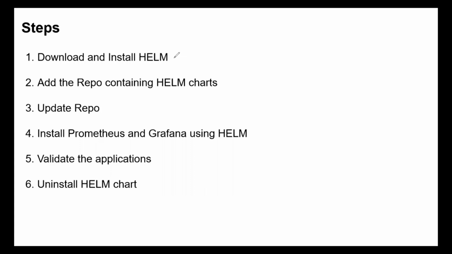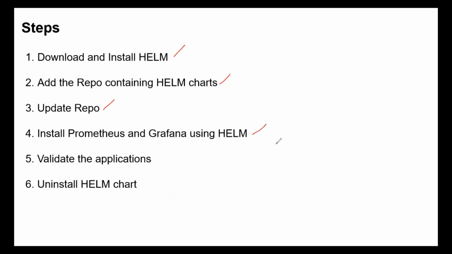That I showed you. First, you need to download and install Helm. Then you need to add the repo for Prometheus and Grafana, which contains the Helm charts, using the command helm repo add. Then you need to update the repository to get all the up-to-date changes. Then you need to follow those steps to install Prometheus and Grafana using those Helm charts.